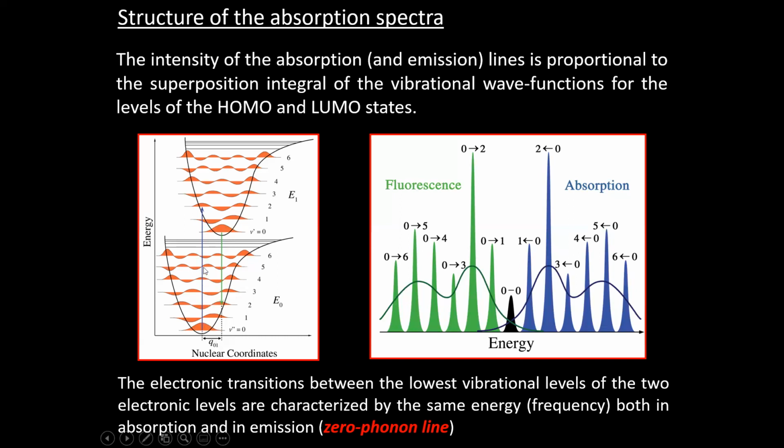Because in this transition, no vibration is involved. You start from the state where the vibration is 0 to the state where the vibration is 0. It's not really true that it is 0, because in quantum mechanics, you know that the lowest level of a harmonic oscillator is not 0, it's different from 0. Okay?